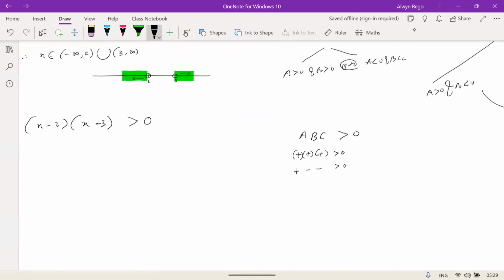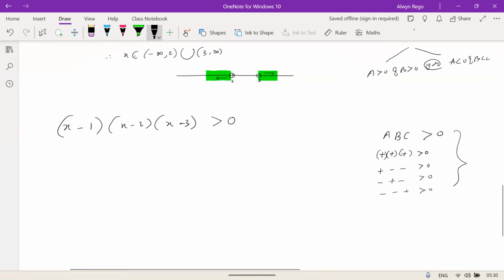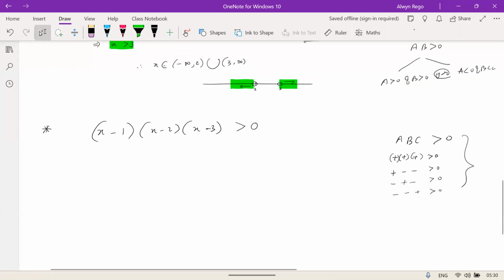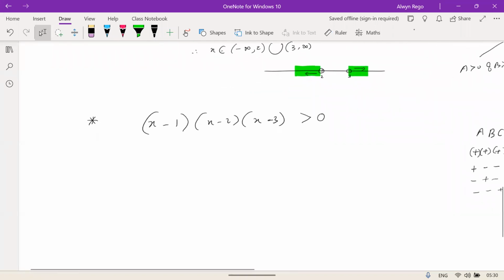You may have a negative times positive and negative, that'll give you more than 0. If you have negative times negative times positive, that will give you more than 0. So lots of cases, and digesting them is not really possible or easy. It is very, very hard. So what do we do in such a case?